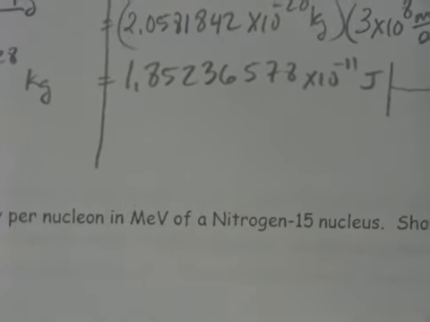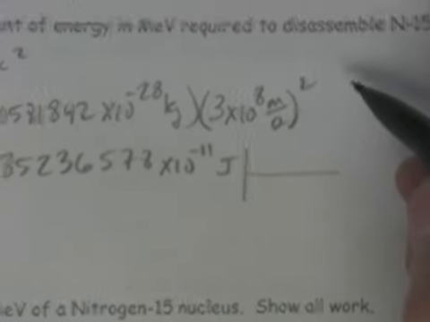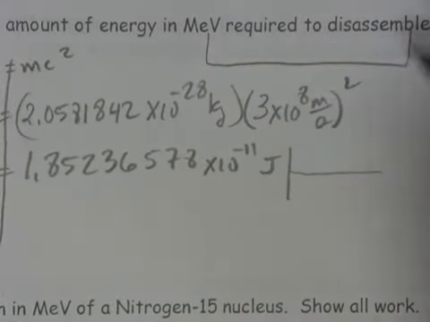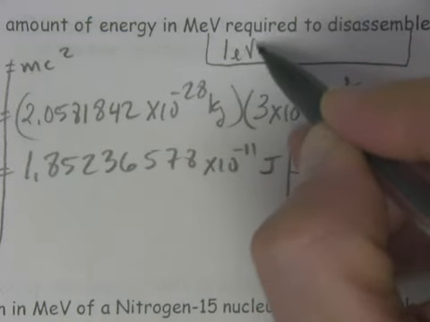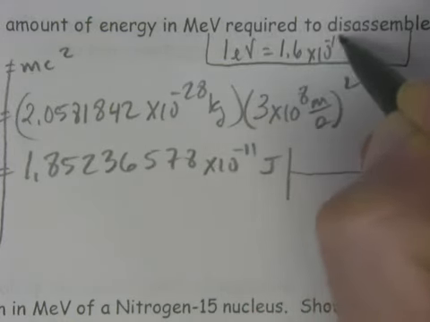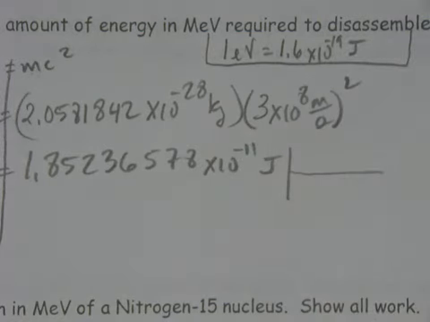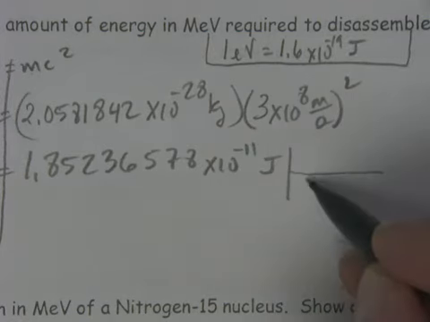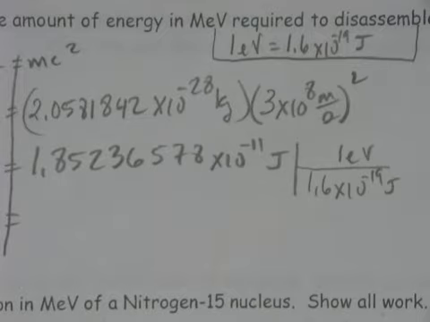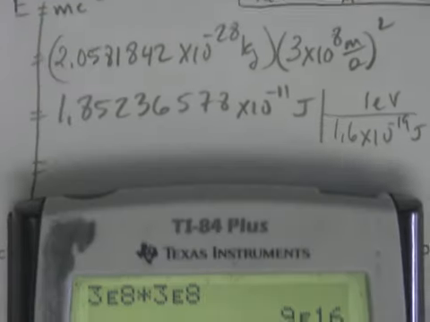I'll write the number right up here so you have it. 1 electron volt is 1.6 times 10 to the negative 19th joules. I'm going to go ahead and plug those numbers in.